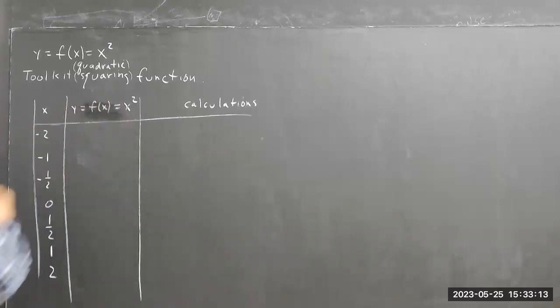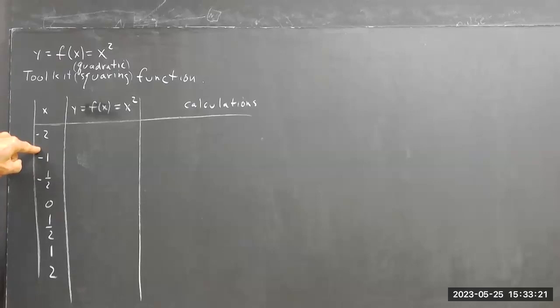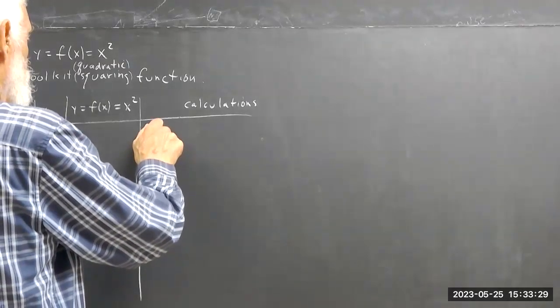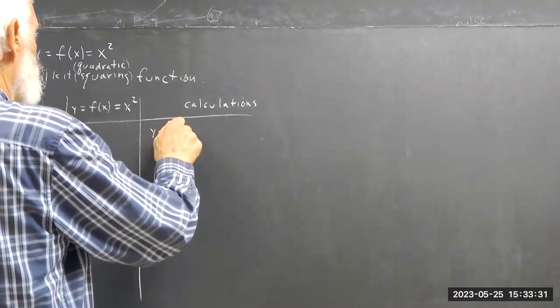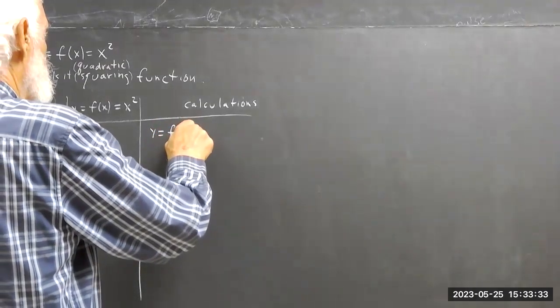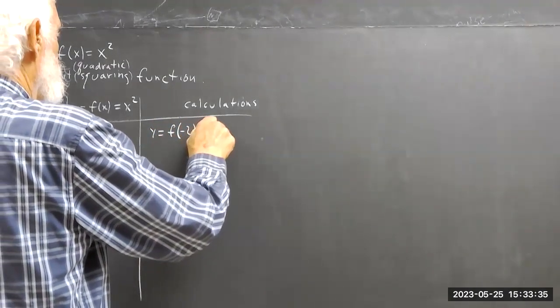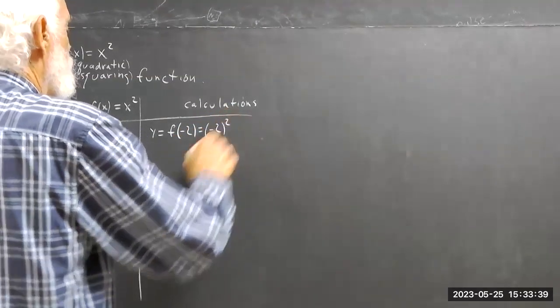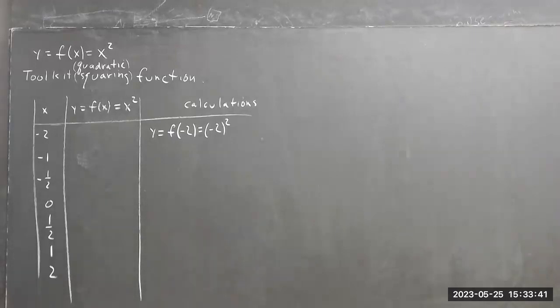We evaluate Y at each of these values of X. Well, if X is -2, we're going to do our calculations over here. In the row where X equals -2, we get Y equals F of -2 equals -2 squared.